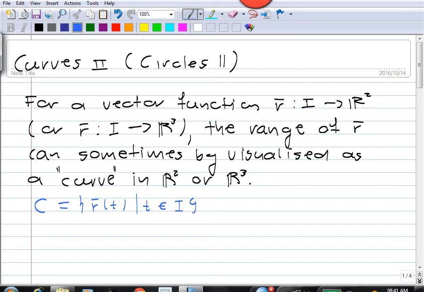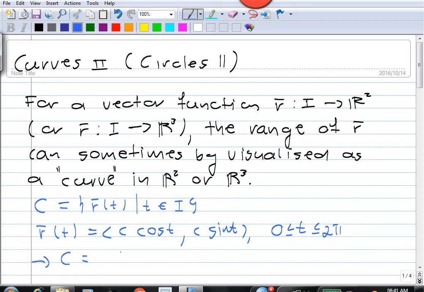Now, one important example is where the vector function is given by the following. So r of t is, say, c cos t, c sin t, and we let t range, say, from 0 to 2 pi. Then in this case, the curve we get is a circle.